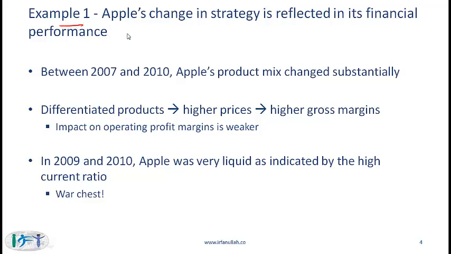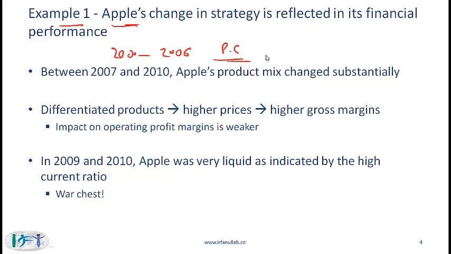The first example is a case study on Apple, and it showcases how Apple's change in strategy is reflected in its financial performance. In the early to mid 2000s, Apple primarily was a personal computer company. Its sales came mostly from the Apple Macintosh, or the Mac.